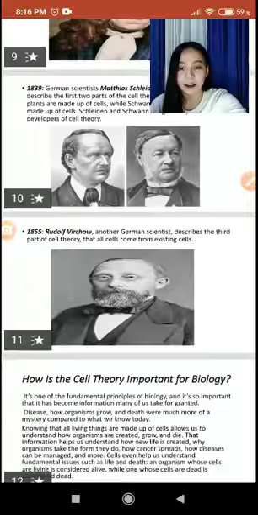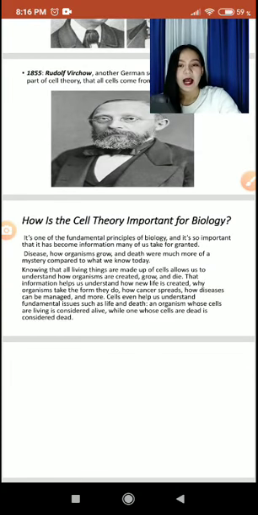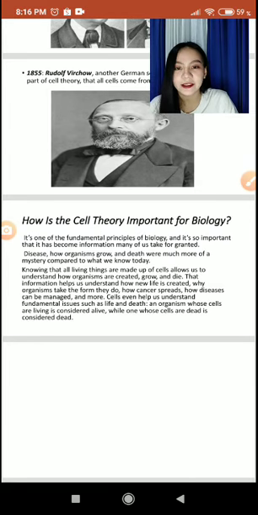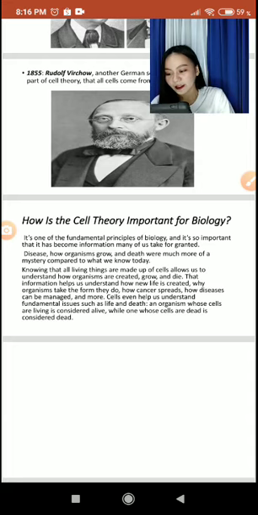So, how is the cell theory important for biology? It is one of the fundamental principles of biology, and it's so important that it has become information many of us take for granted.